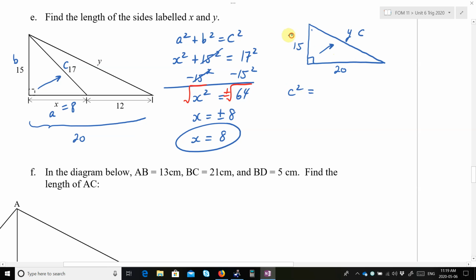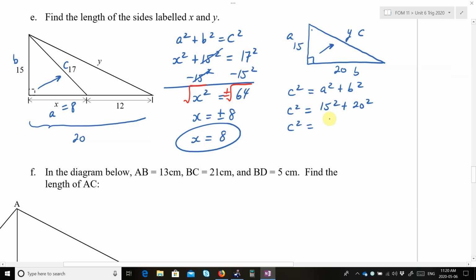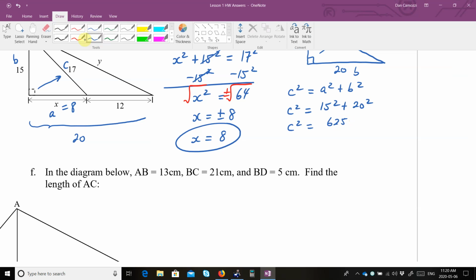Okay, and so across from the 90 is c. So c squared is equal to a squared plus b squared. So c squared is equal to 15 squared plus 20 squared. And we get 625. And now I'm ready to square root both sides.